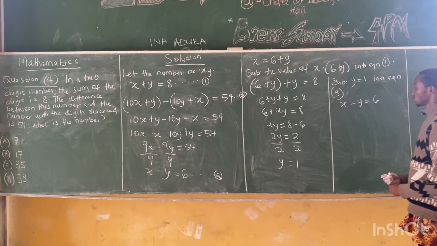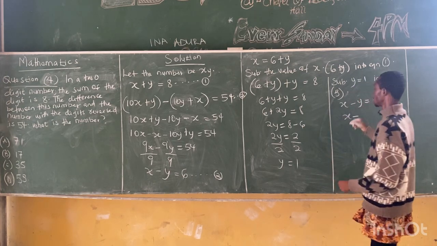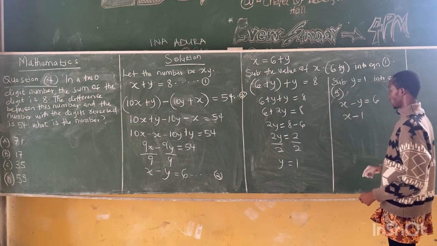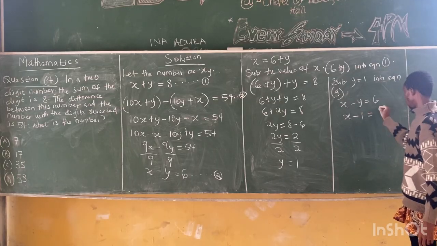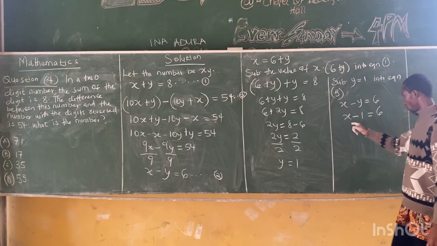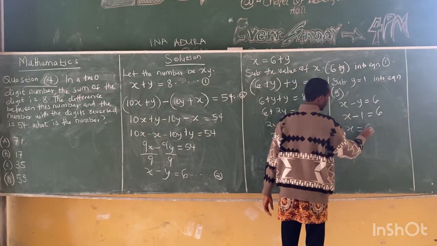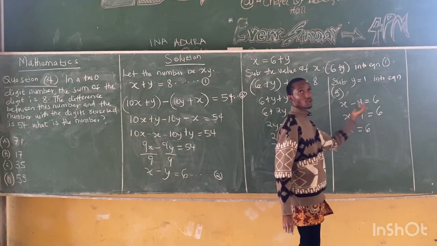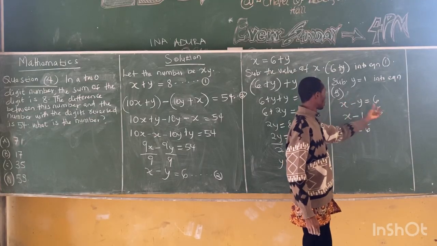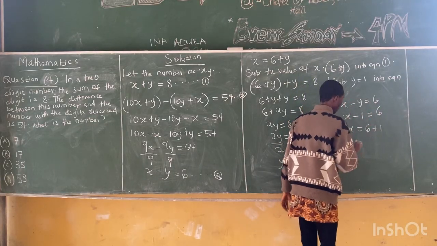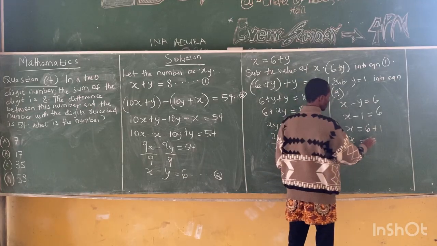When we do that, we have x minus, instead of writing y, we put what? 1. Instead of writing y, we replace it with 1, equal 6. If we make x the subject of the formula here, we have x is equal to 6. When minus 1 crosses the equality sign, it changes from minus to plus. So when it crosses, it changes to plus 1. x is equal to 6 plus 1. 6 plus 1 is equal to 7.